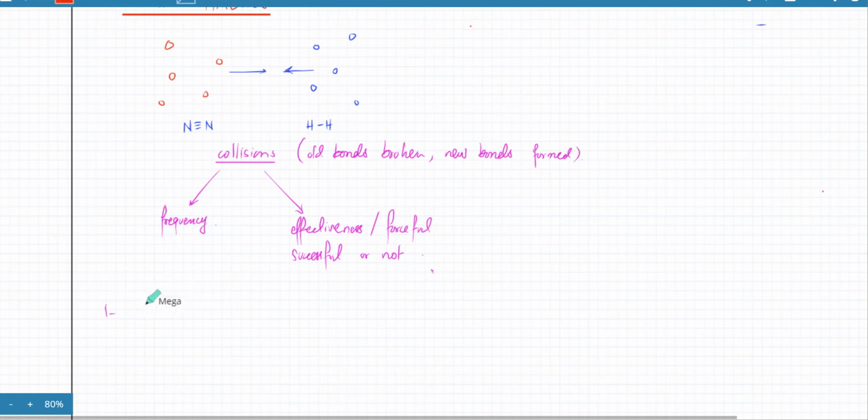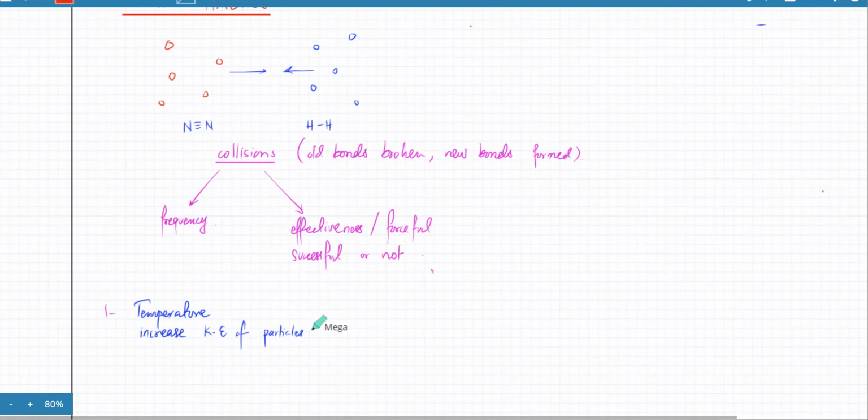So that's the first factor. And we know that temperature increases the kinetic energy of the particles. So can anyone tell me what would happen? Will the frequency of collisions increase or will the effectiveness of collisions increase? Both, sir.